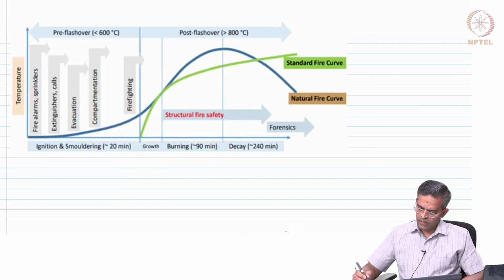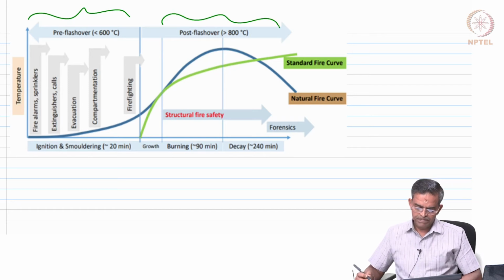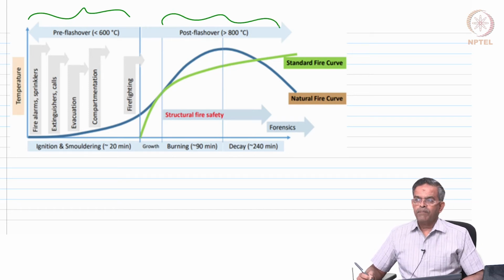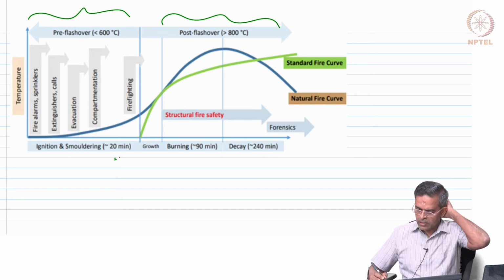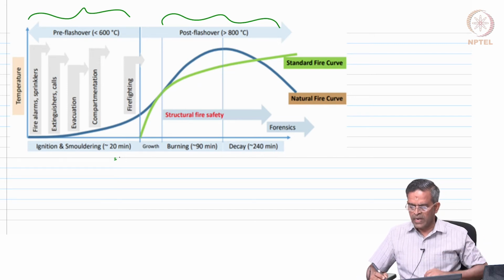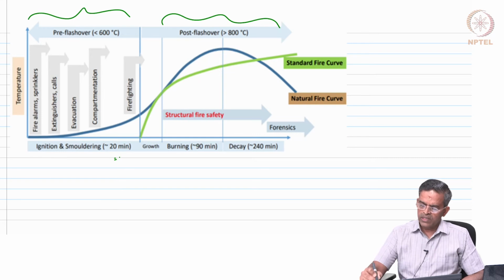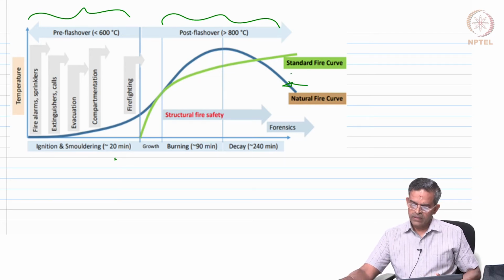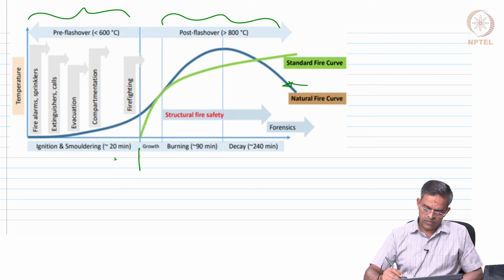Let us look at this curve, which is the pre-flashover and post-flashover stage. The pre-flashover stage is approximately 20 minutes of initial ignition and smoldering, then the burning takes 90 minutes, then the decay is about 240 minutes. The natural fire curve is what you see here, okay, whereas the standard fire curve always starts after the pre-flashover stage.